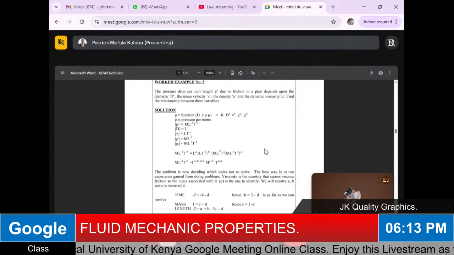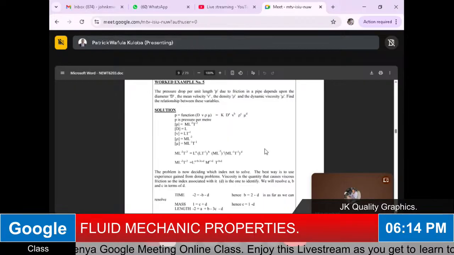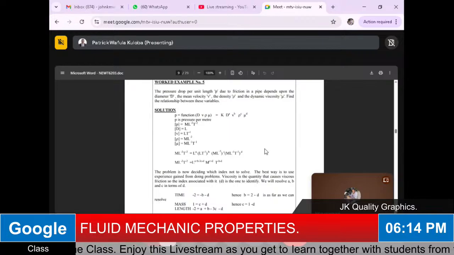In this equation, pressure drop depends on the diameter, velocity, density, and viscosity. So P is a function of, in brackets, D, V, rho, and mu. It's a function, so you expand it.